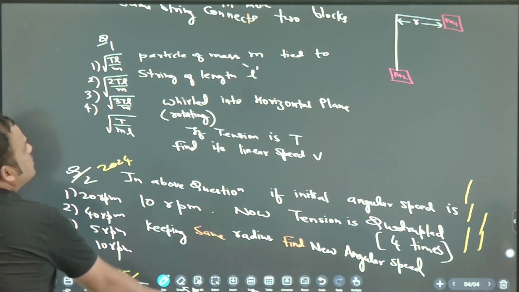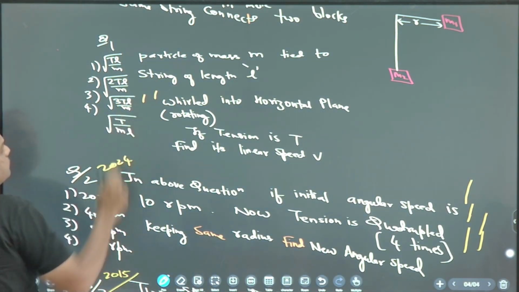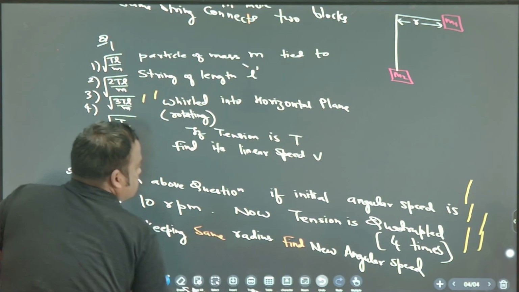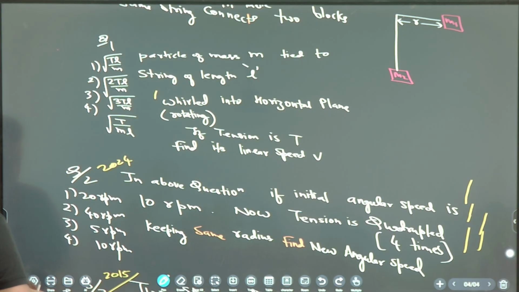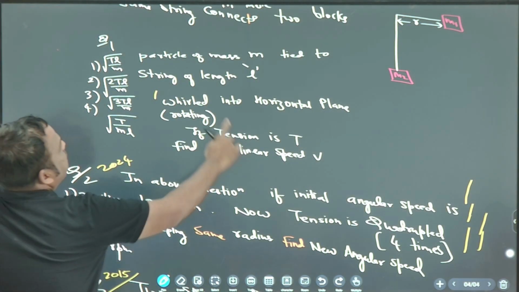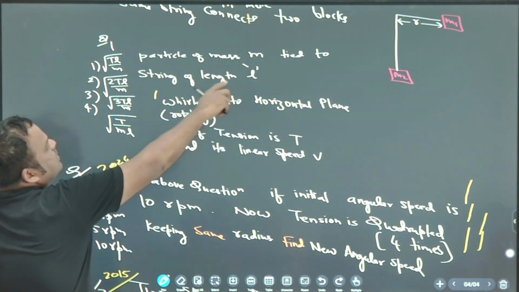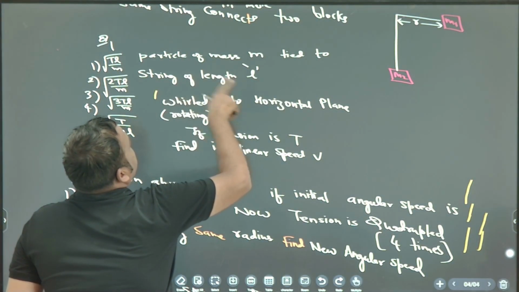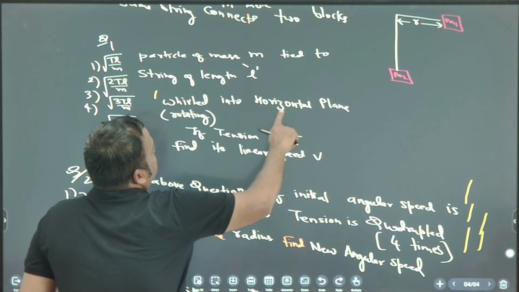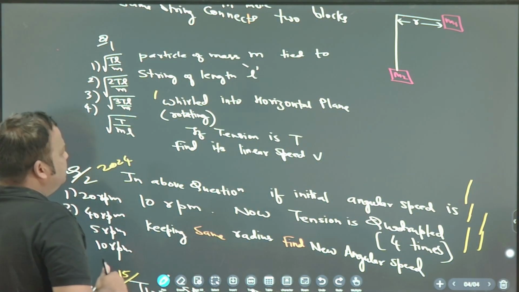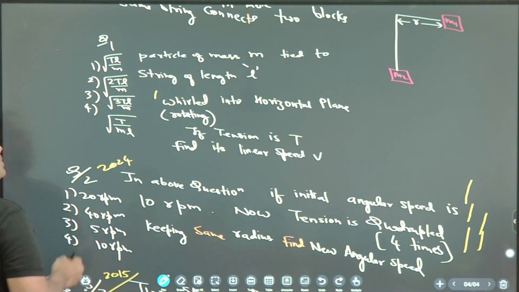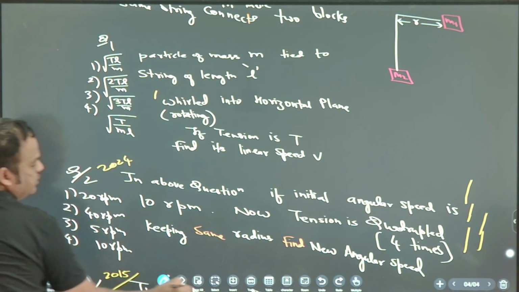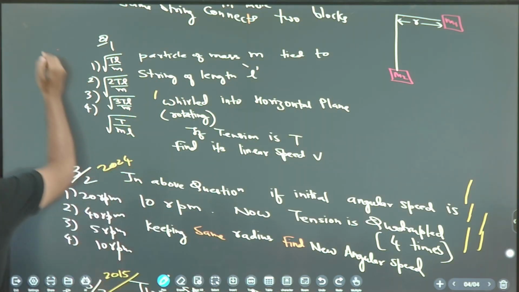Okay, so what is the answer for the first option? A particle of mass m tied to a string of length L, whirled in a horizontal plane. What is the tension? What is the formula for centripetal force?